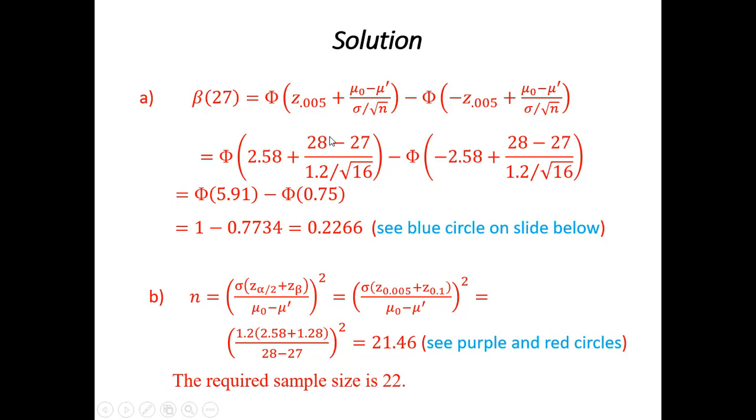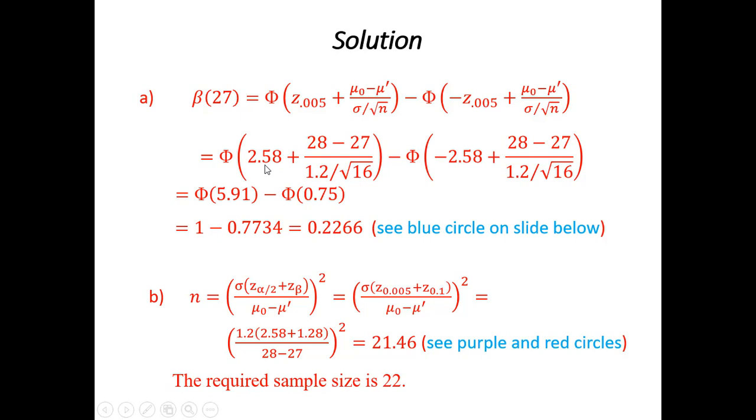So using the formula that was in the table we just looked at, we're going to calculate beta of 27. Right, so this 27 will be our mu prime. Alpha was 0.01, but here we want to look at z alpha over 2. So z of 0.005. You may recall that that's 2.58.